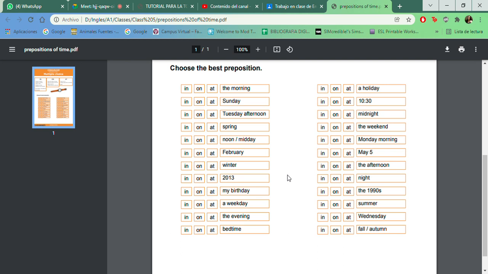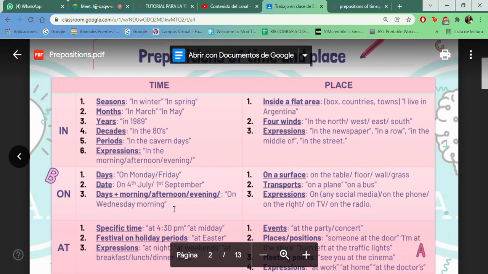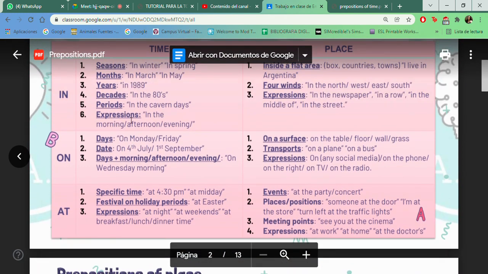The evening. Remember this expression? At night will be, okay? At night, but the evening? Remember? In. In the evening. Remember, guys, that here we have in the morning, in the afternoon, in the evening, okay?